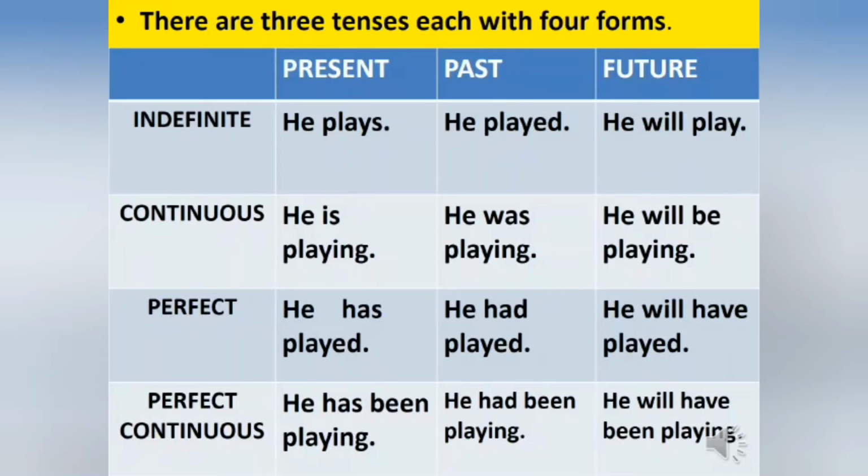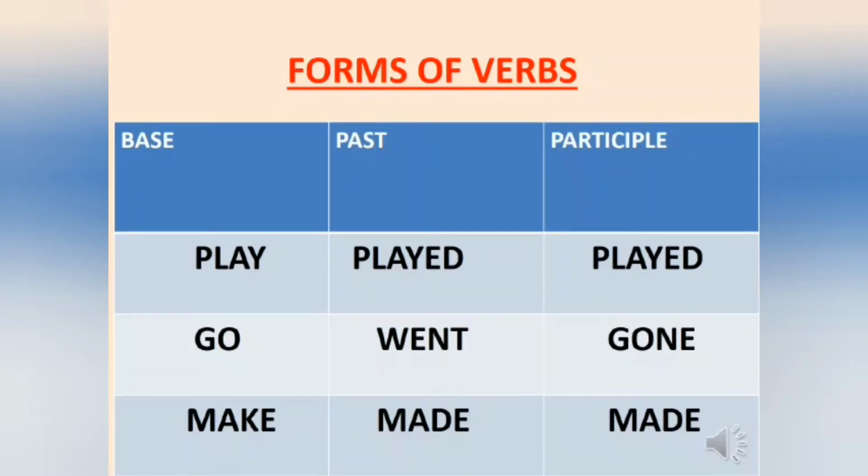And if you want to improve your writing and speaking skill, you have to focus on tenses. But children, before going deeper, we have to learn forms of verbs, because without forms of verbs we are not able to implement the tenses in our reading and writing. So basically verbs have three forms: present, past and past participle.